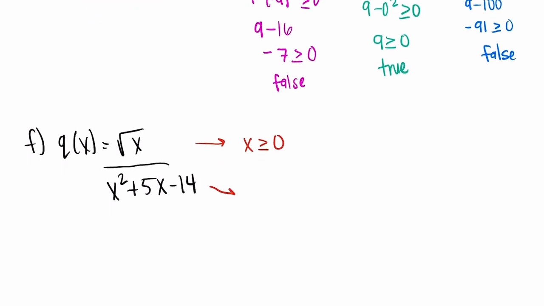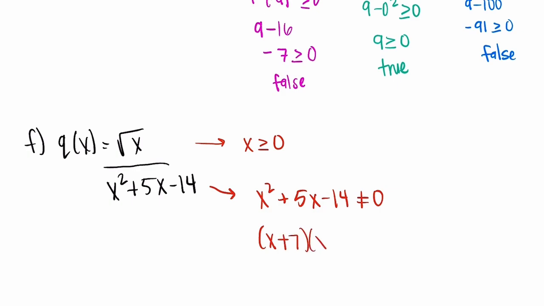If I look at the bottom, since it's on the bottom of the fraction, I know x squared plus 5x minus 14 cannot be equal to 0. And then I'm going to go ahead and factor it, to find what those restrictions would be. What do I have that multiplies to negative 14 that also adds to 5? 7 and negative 2.